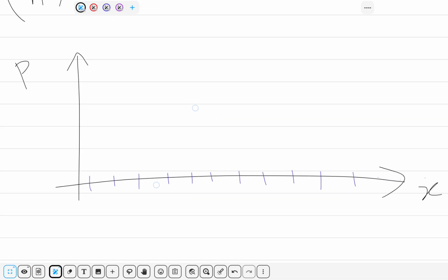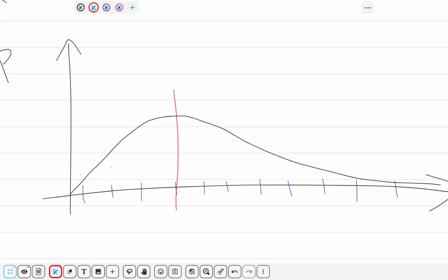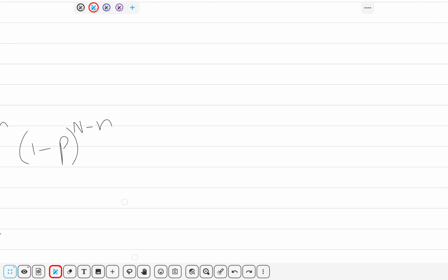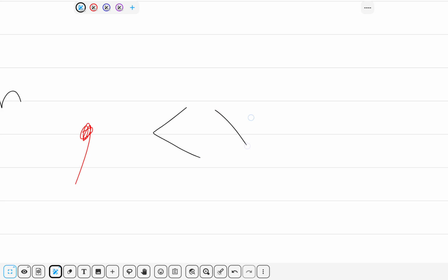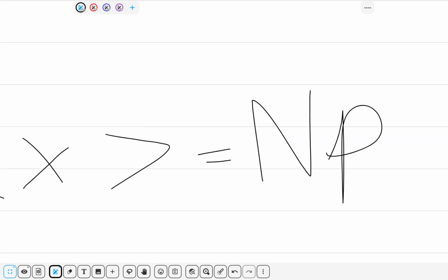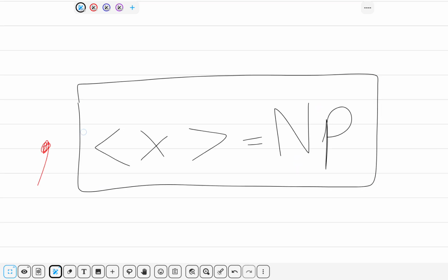So the probability that it will occur once, the probability that it occurs twice, thrice, and so on, something like this. And always the mean of this distribution is equal to n times p. This is not an approximation, this is an exact result you get after doing the math.